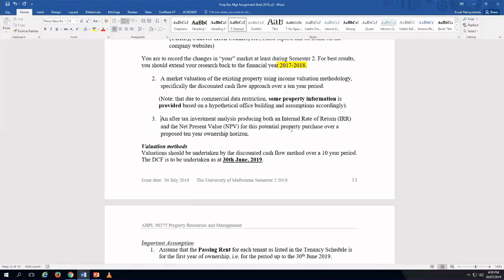That's year 0, today's value. Then the first year will be 1st July 2019 to 30th June 2020. That's the first year.